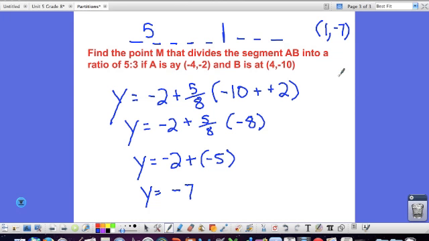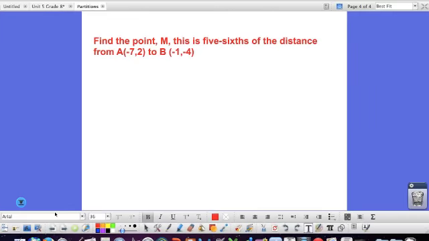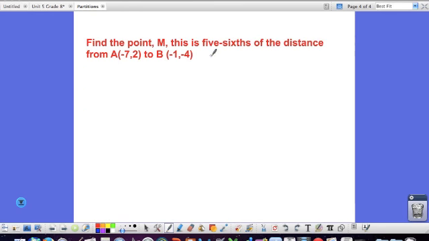I want to find the point M that is 5/6 of the distance from A at (-7, 2) to B at (-1, -4). So for this one, our k ratio is 5/6.